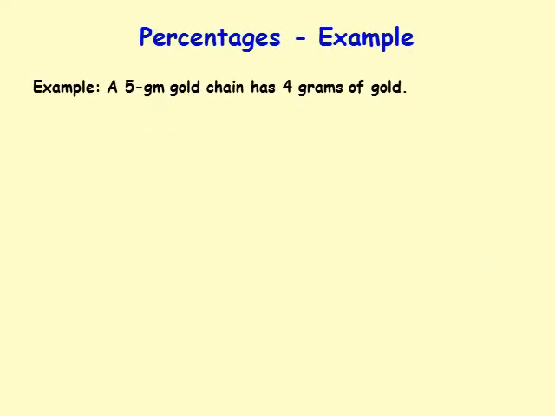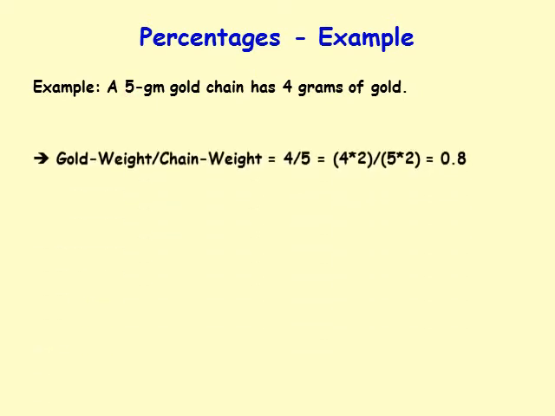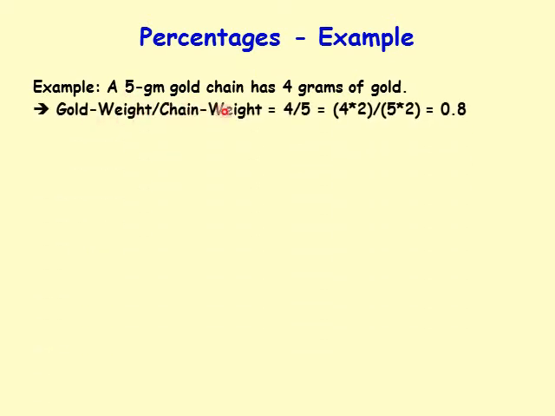Let's look at an example here. A 5-gram gold chain has 4 grams of gold. We are interested in how much gold there is as a percentage. The gold weight to chain weight ratio is 4 grams to 5 grams. 4 divided by 5 is 0.8.